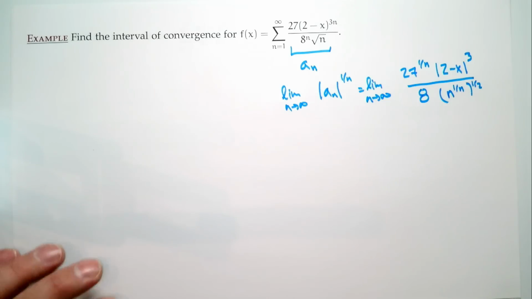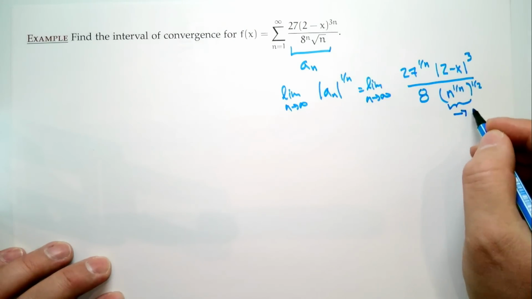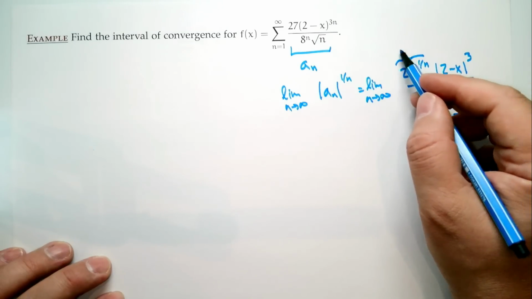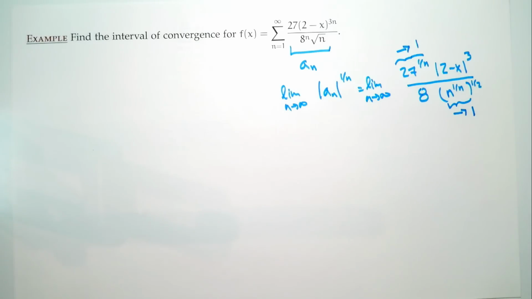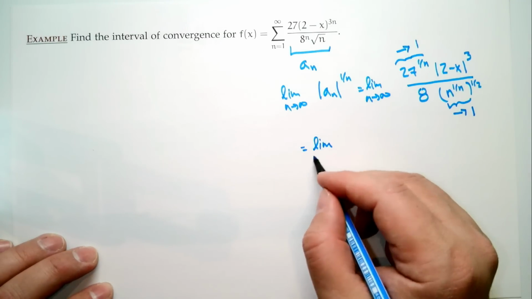And in here, we can see a couple of things. n to the 1 over n goes to 1. 27 to the 1 over n, well, that also goes to 1. So 27 was sort of thrown in there as a little bit of a red herring. And, well, some people weren't paying attention. 27 doesn't have any influence at all on this problem.